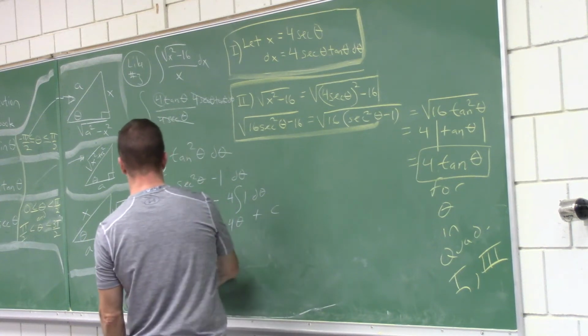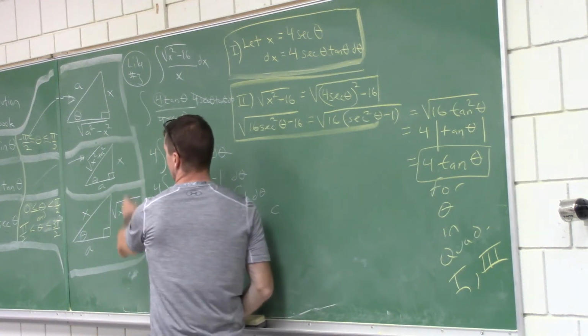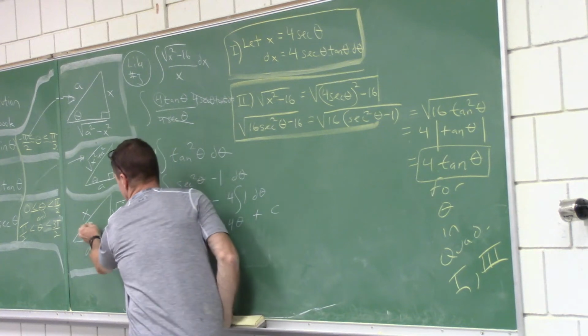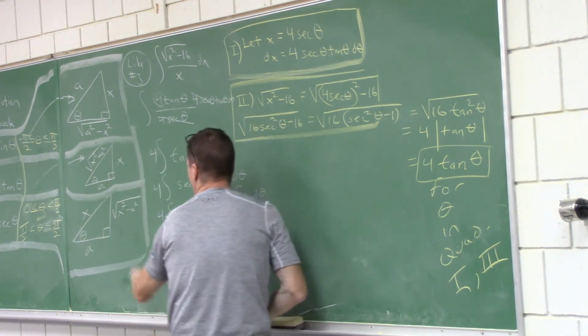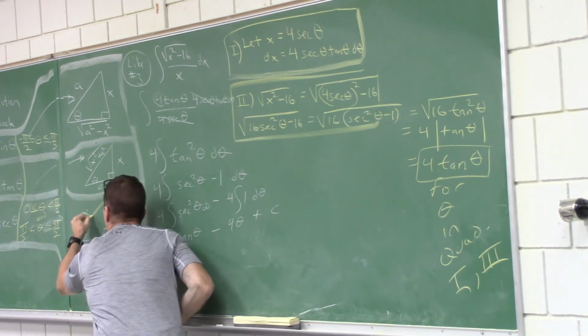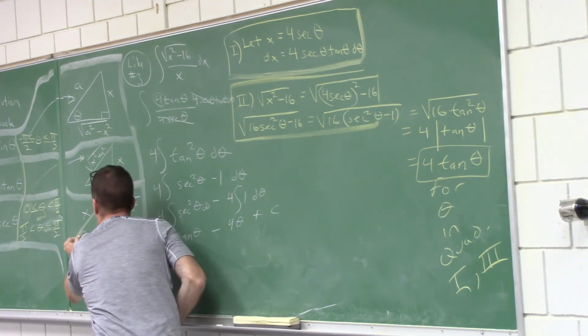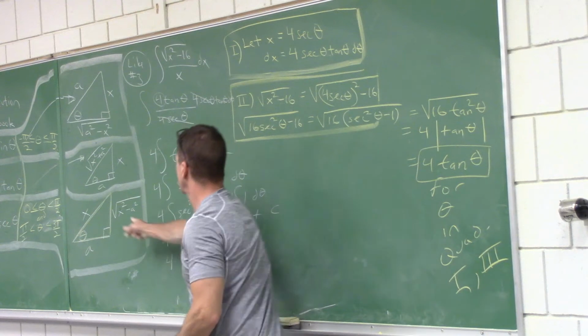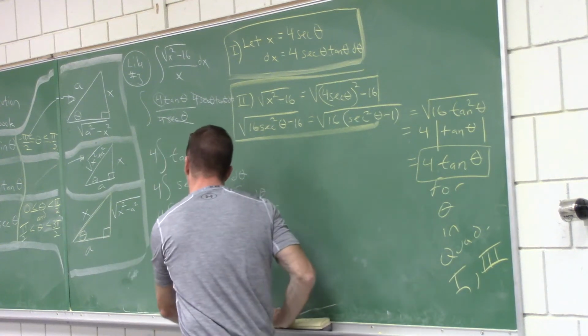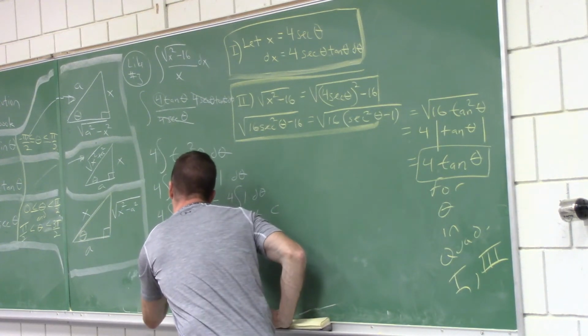Which triangle am I looking at? You guys are the best. Oh, I was looking at the wrong triangle. It's this triangle, let me highlight it. What is tangent theta? Square root of x squared minus a squared over a? What was that?